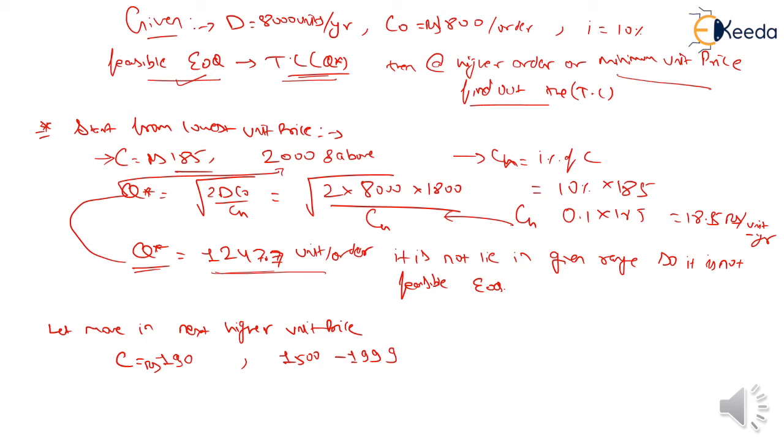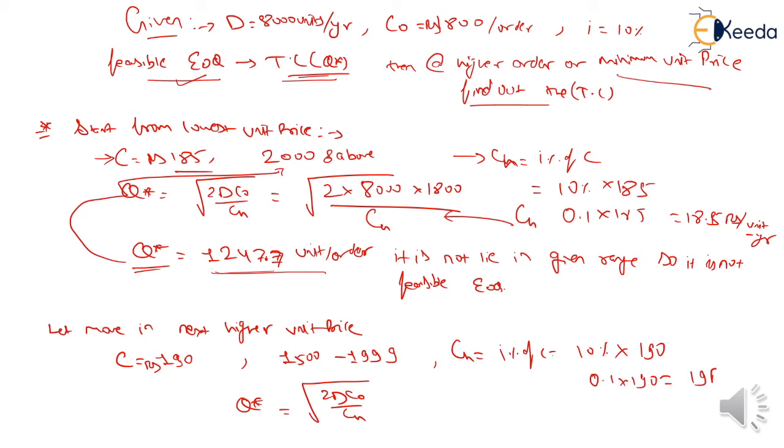Similarly here Q star is the square root of 2D C0 by CH. CH is I% of C, I is 10% and C is 190. So 0.1 into 190, so 19 rupees per unit per year is your CH, the holding cost.